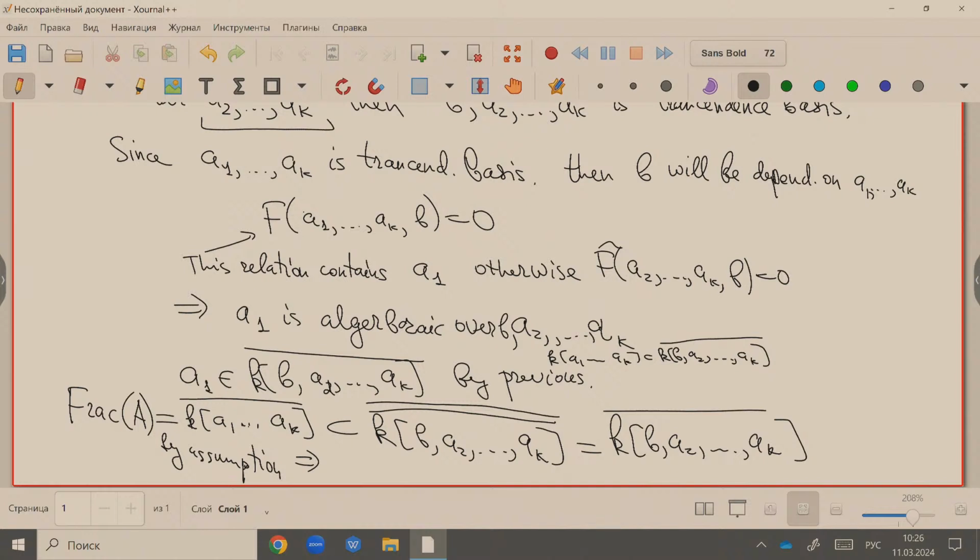So by assumption, write down that B, A2, ..., AK is a transcendence basis.